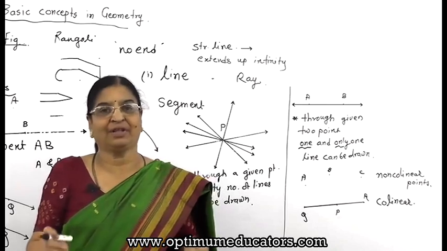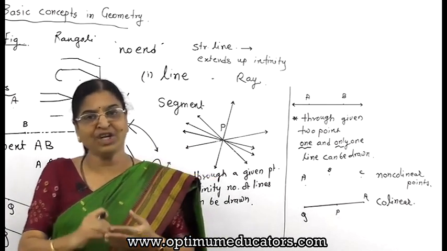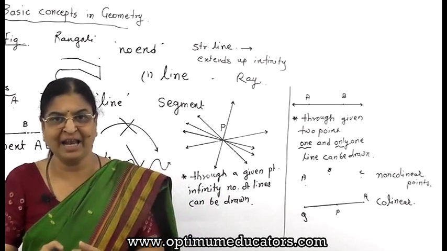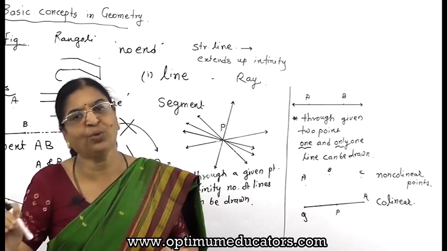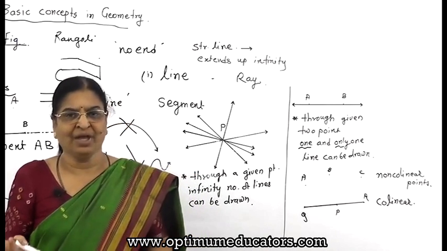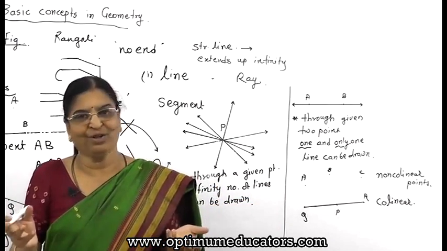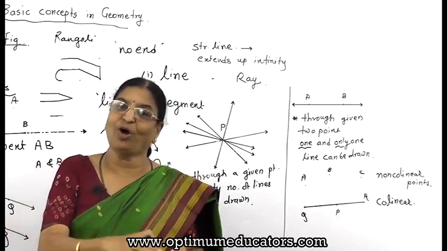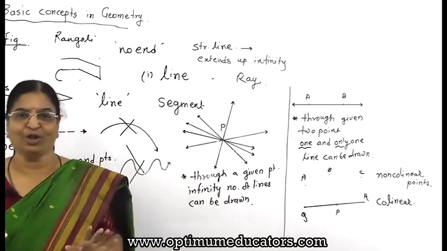That is, if different points are given and I can join all the points on the single edge of my scale, I can say a single line can pass through all the given points, then those points are collinear. But if no single line can be drawn passing through all the given points, then I will say they are non-collinear.